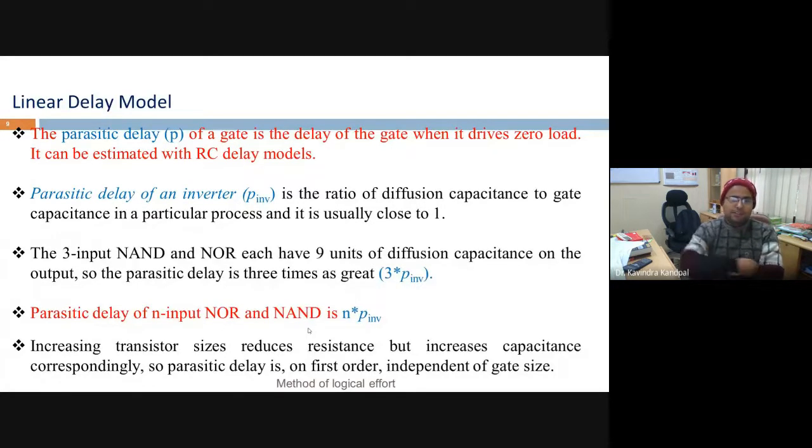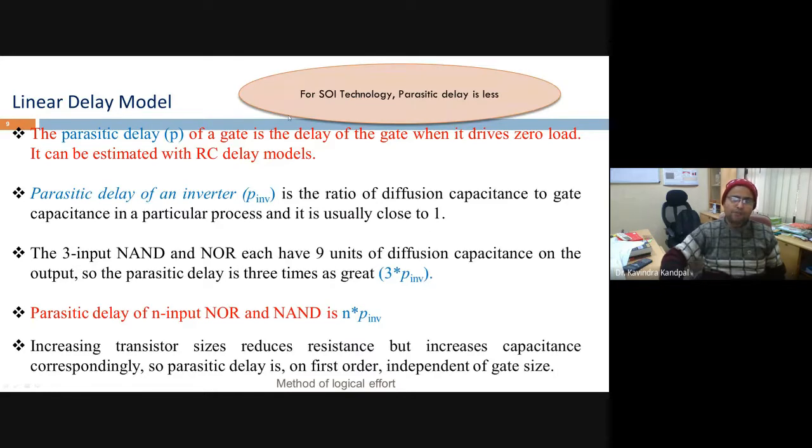Also, I told you parasitic delay of an inverter is the ratio of the diffusion capacitance to gate capacitance. As we said, diffusion capacitance happens to be 3C, gate capacitance happens to be 3C. So you are getting almost a figure equal to 1. But if you go for SOI technology, you will find the diffusion capacitances are less. SOI is silicon on insulator, so it's ultra thin.